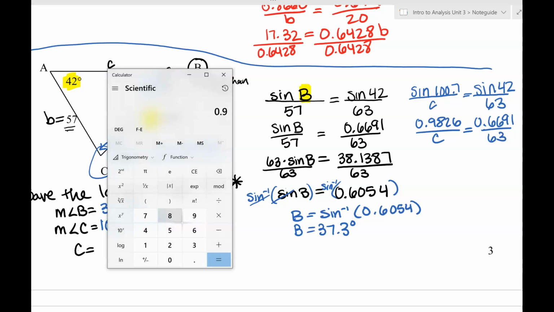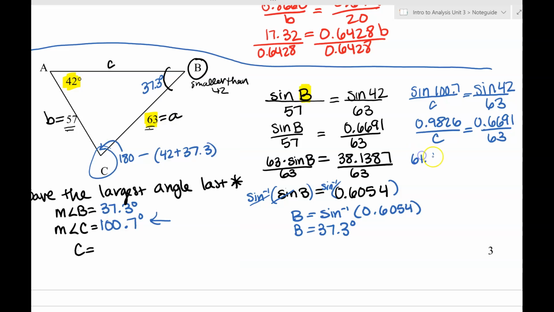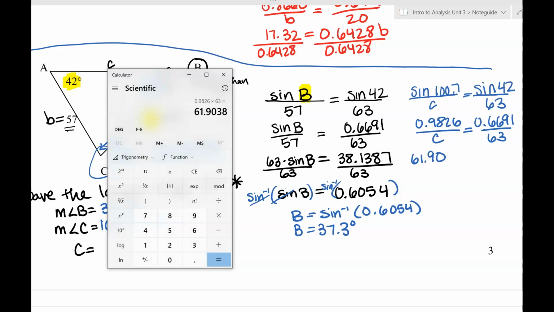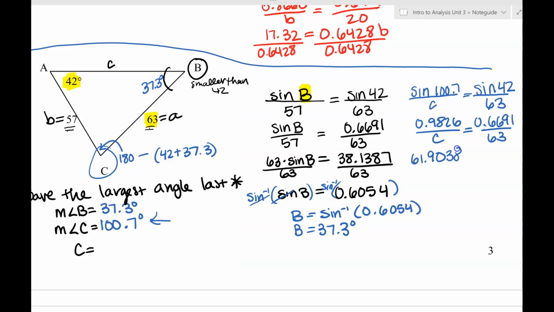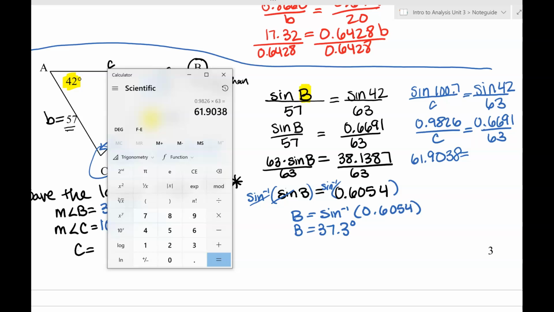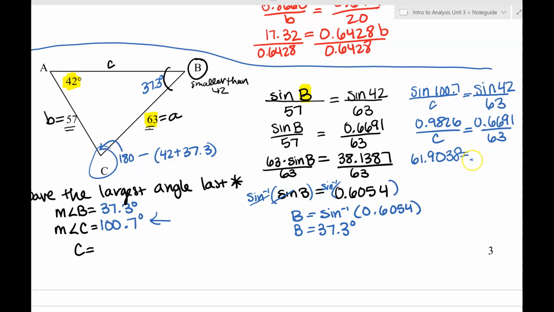So 0.9826 is getting multiplied by 63, which gives me 61.90. And I'm trying to keep these decimals, and I'll round at the very end. If you round too early, you'll lose a lot of accuracy in your answer. And then the other decimal, 0.6691, gets multiplied by C. And to get C alone, I'm going to divide by that decimal.